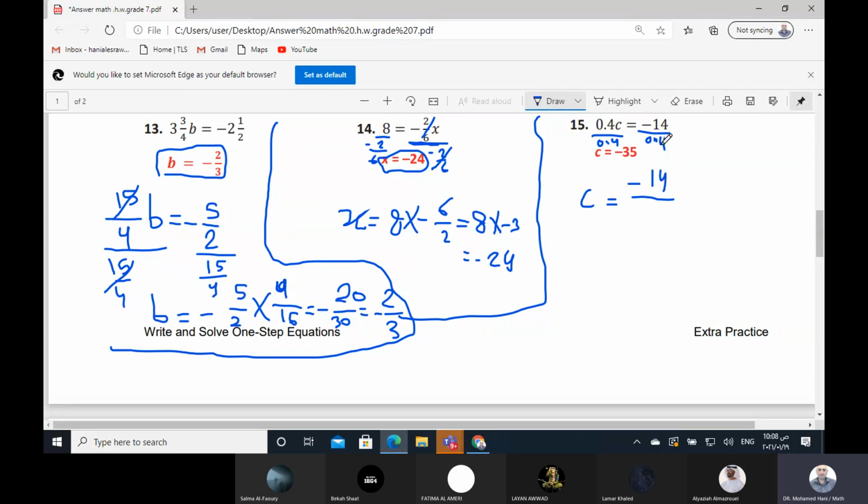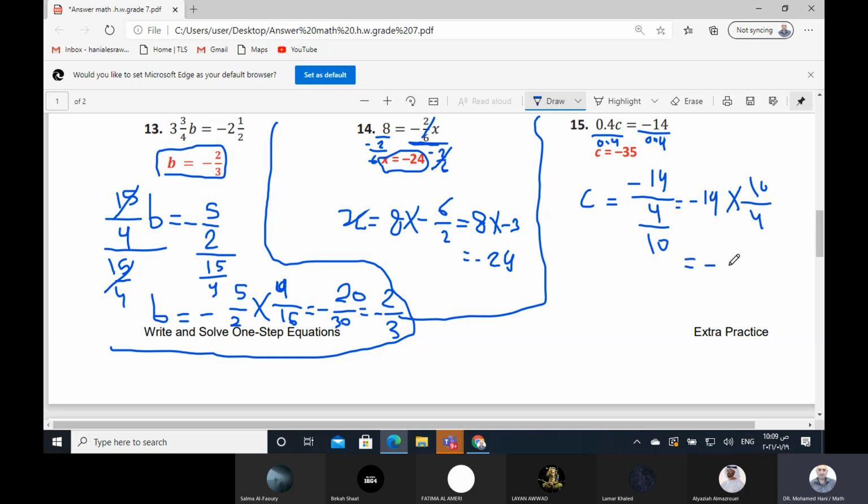Try to change the decimal to a fraction. 0.4 will be 4 over 10. So use the rule here, keep the dividend. We have minus 14, change to multiplication, then find the reciprocal. 4 over 10 will be 10 over 4.